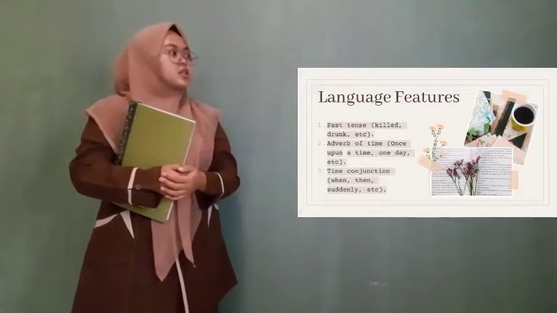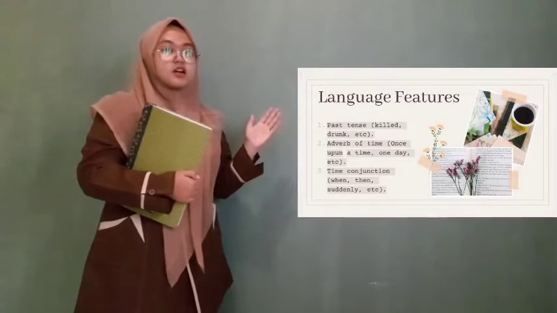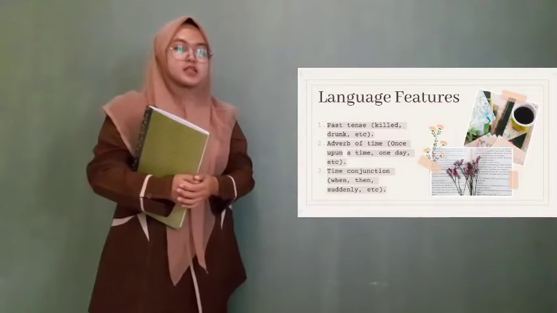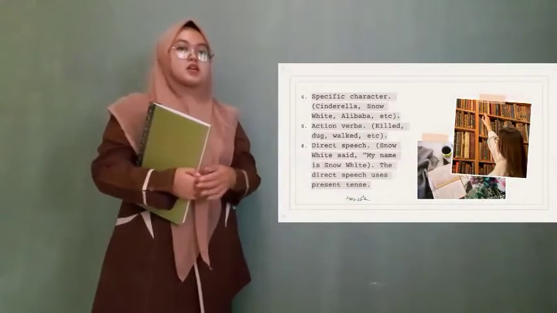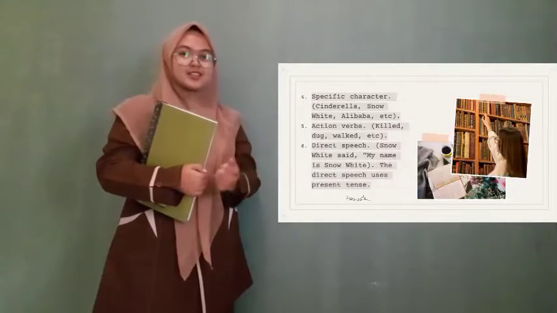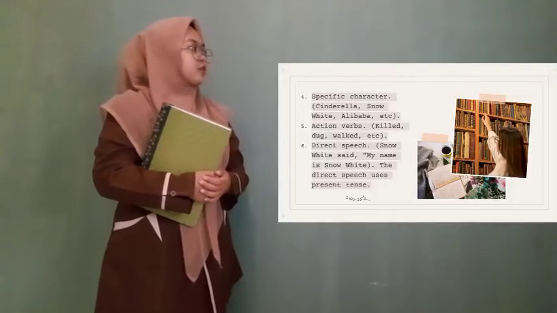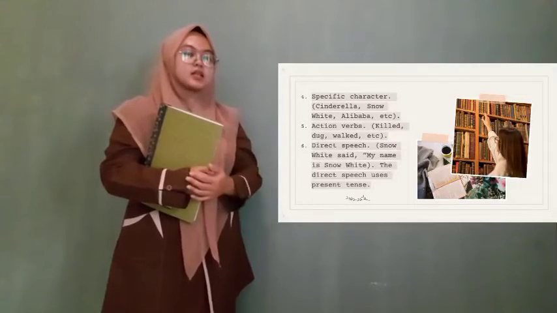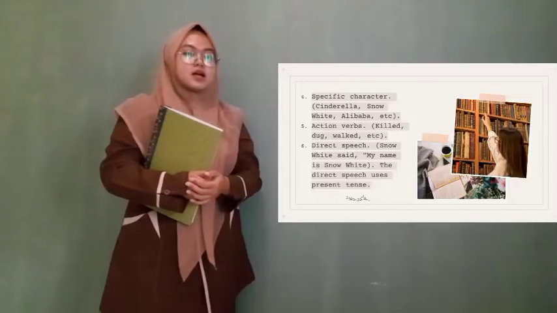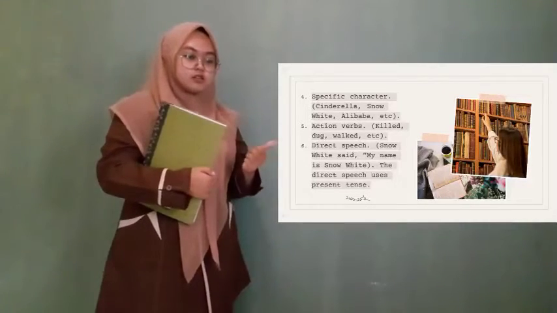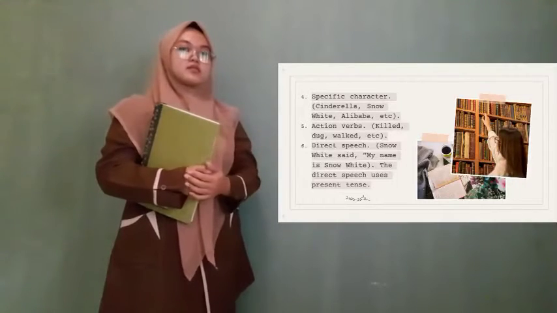Next, specific character. The character of the story is specific, like Cinderella, Snow White, Malin Kundang. The verb is action verb, a verb that shows an action, like killed, walk.